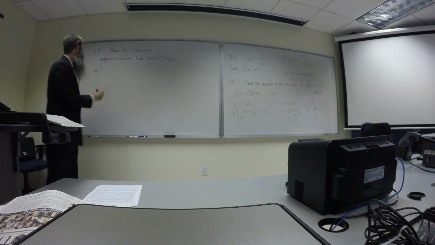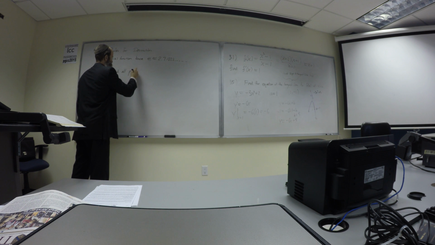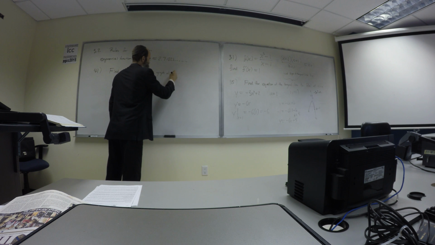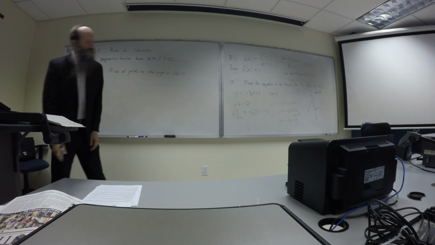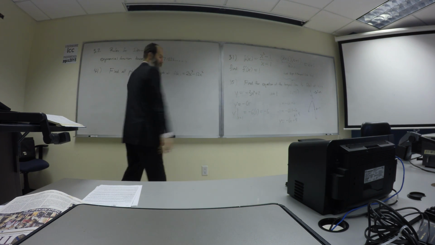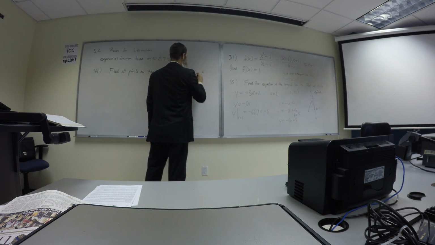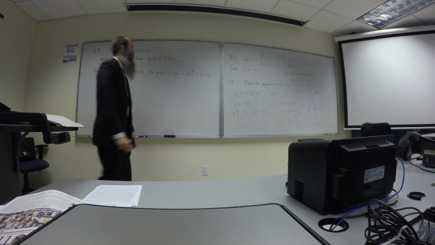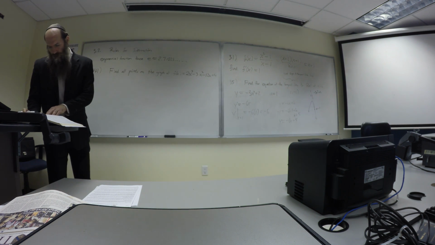Find all points on the graph of f of x equals 3x squared minus 12x plus 4 where the tangent line is horizontal.